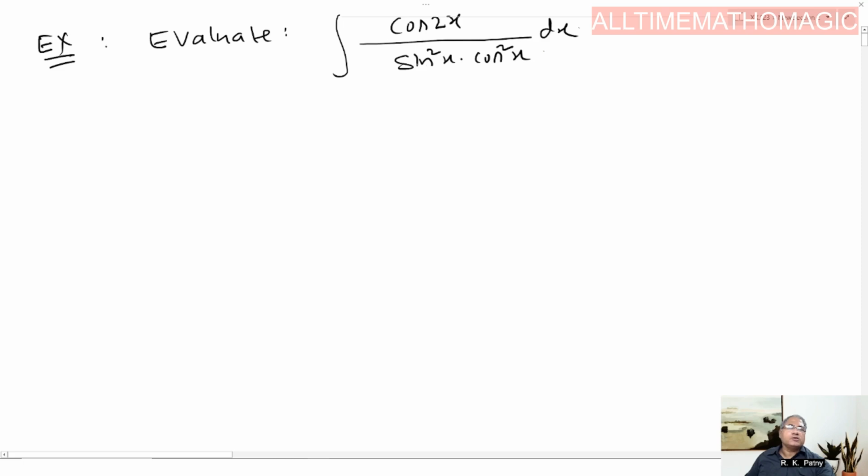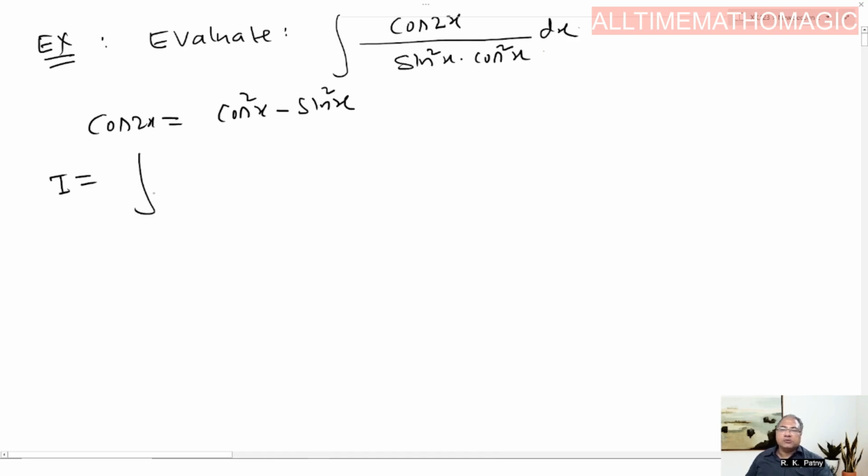integration of cos 2x upon sin square x dot cos square x with respect to x. Here the cos 2x formula we are going to use is cos square x minus sin square x. This is one more formula for cos 2x.